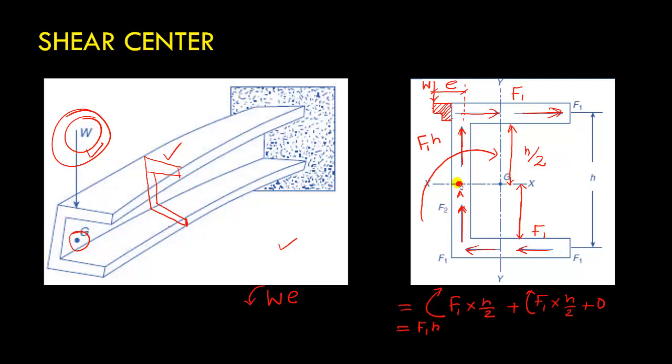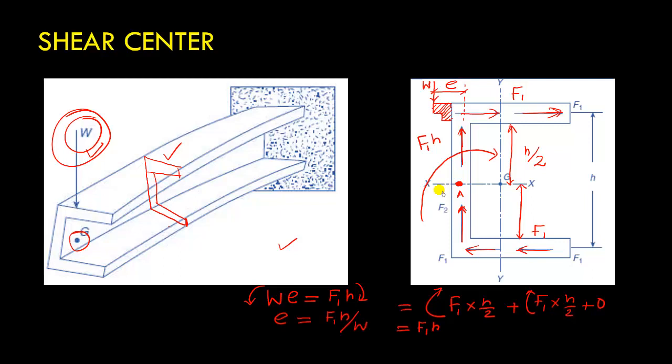Now if I consider equilibrium of this section about point A, I can write W times E is equal to F1 times H. So two moments can cancel each other, and finally we will have no twisting. So for no twisting to happen, this distance E is equal to F1 times H divided by W.